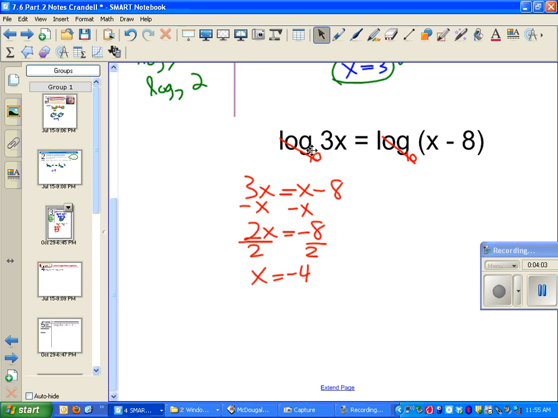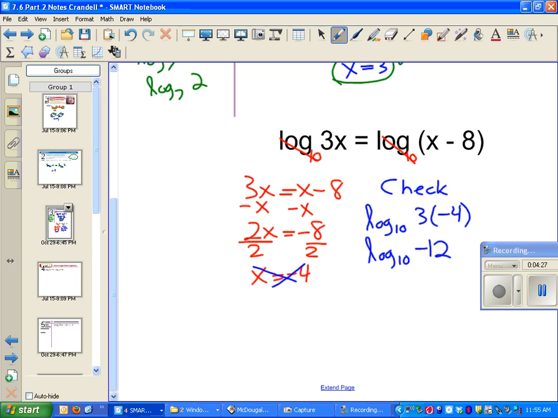Right, because I can't take a log of a negative number or 0. So when I check, we have log base 10 of 3 times negative 4, and that's going to be log base 10 of negative 12, which is no good. If I check the right side, I also get log base 10 of negative 12.